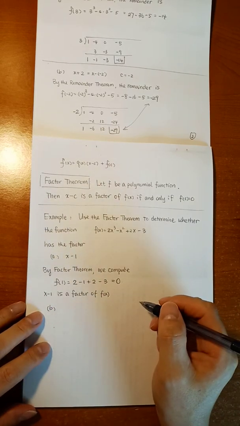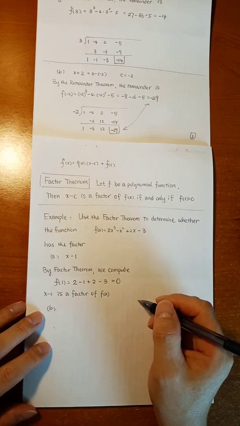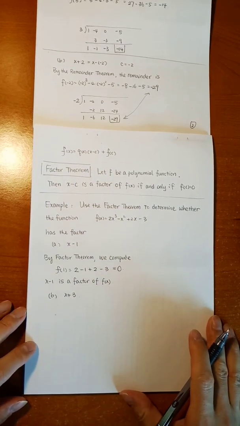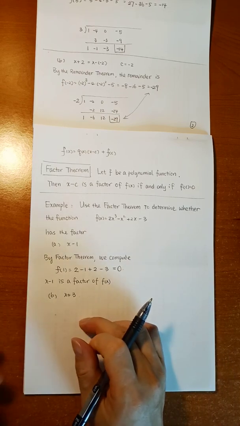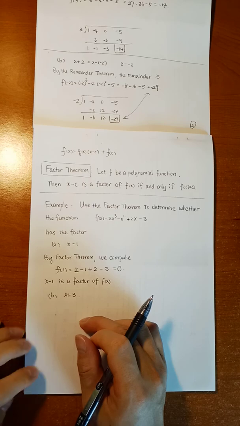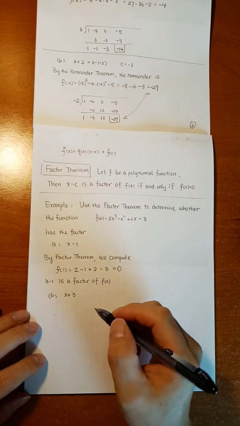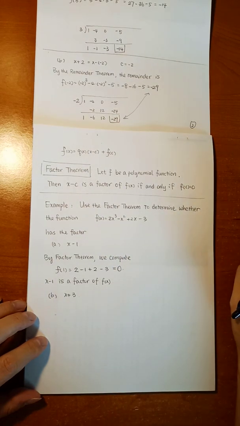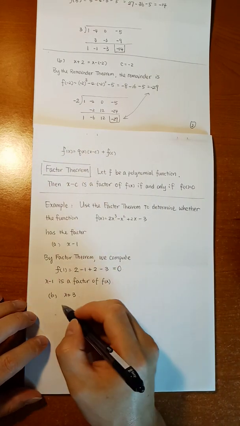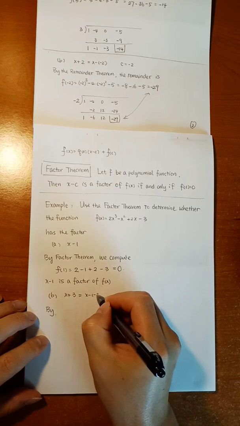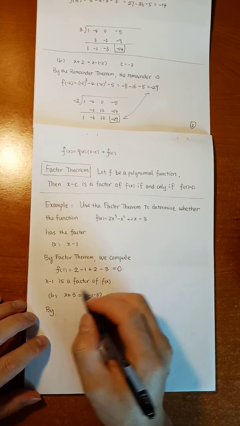The second one is where is it? X plus 3. Yeah. Well, x plus 3. Let's try it. Did I make a mistake? No. X plus 3 should be written as x minus negative 3 so that you can easily determine c.